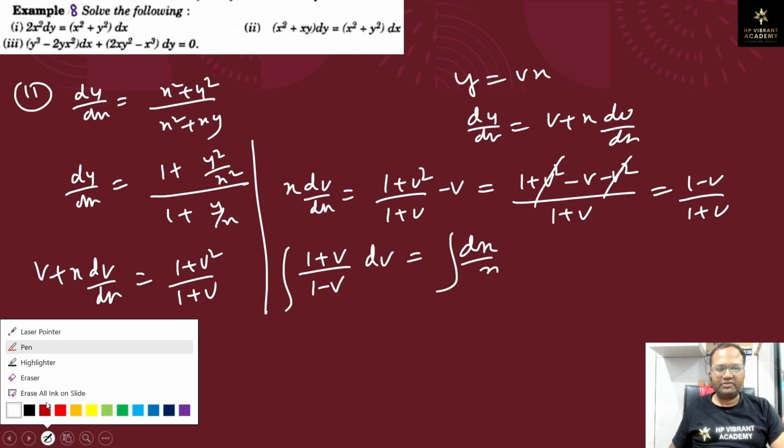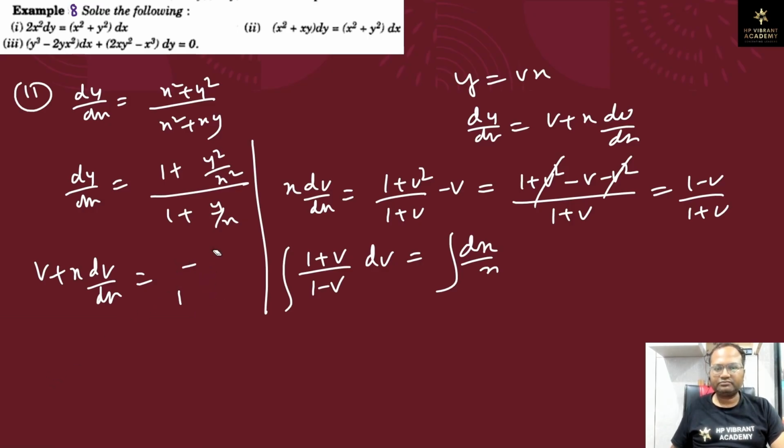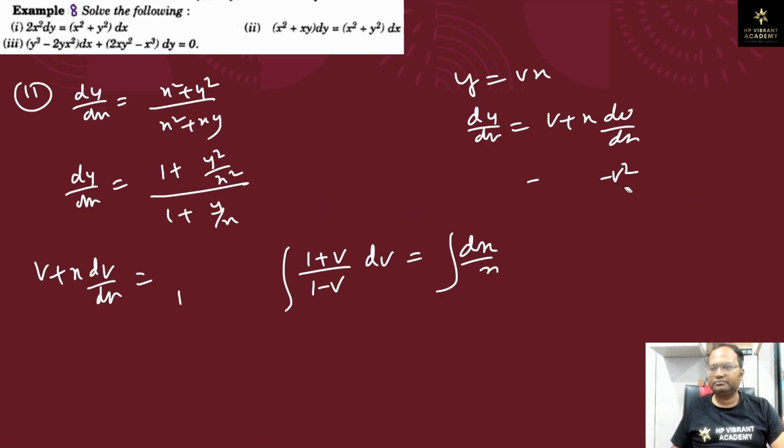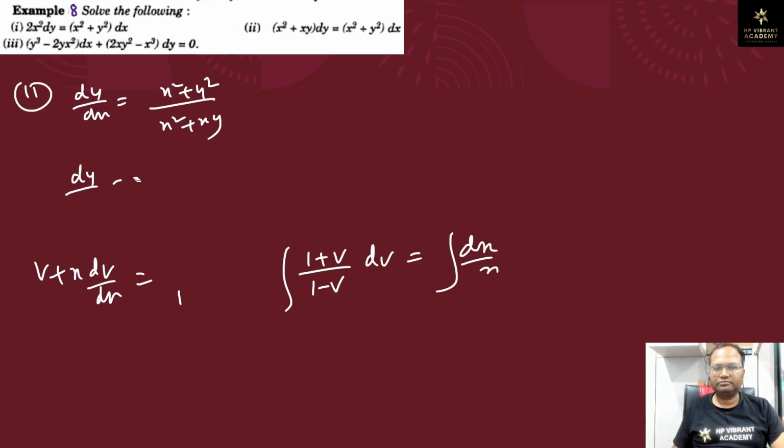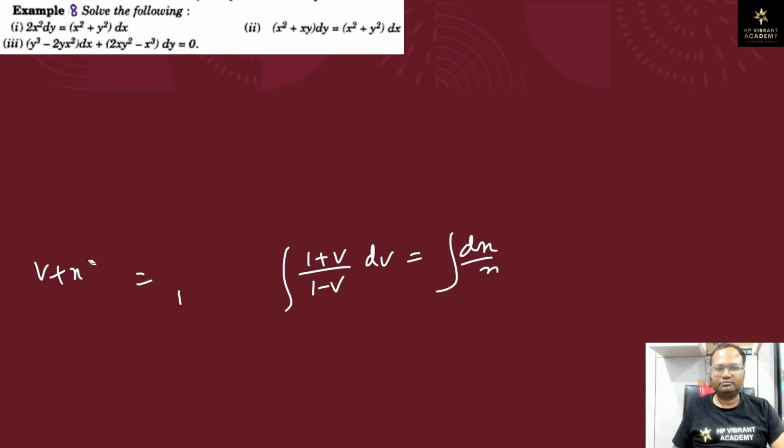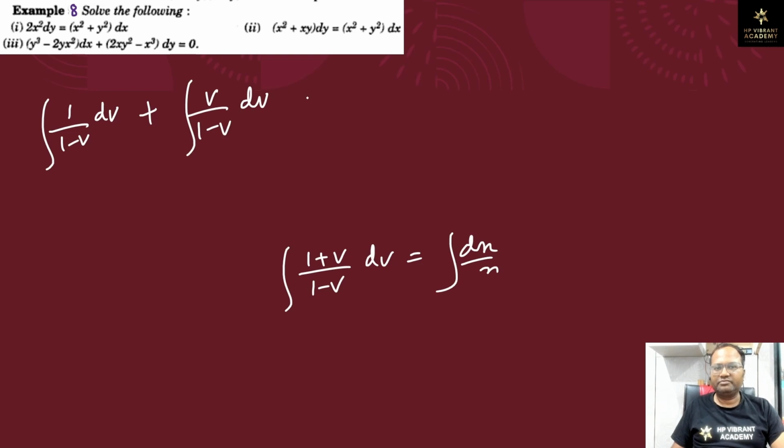Let us further simplify this. So we have this as integration of 1 by 1 minus v dv plus integration of v upon 1 minus v dv is equal to integration of dx upon x.